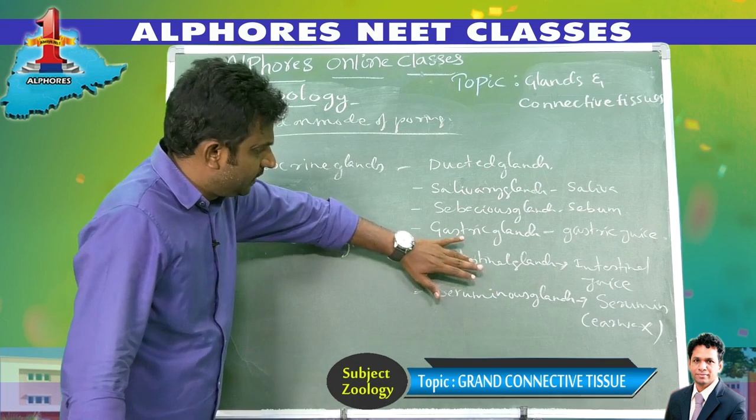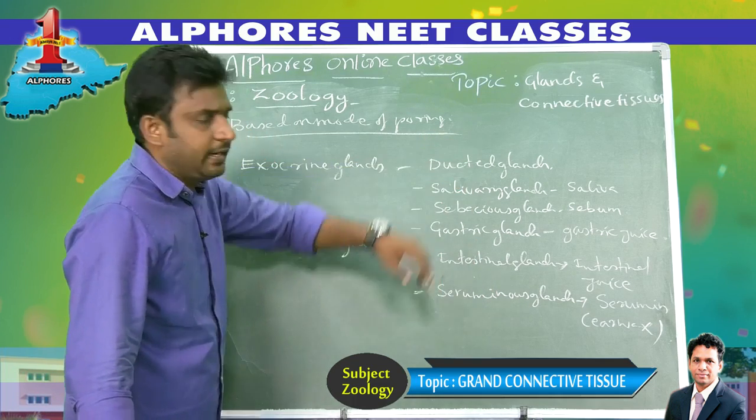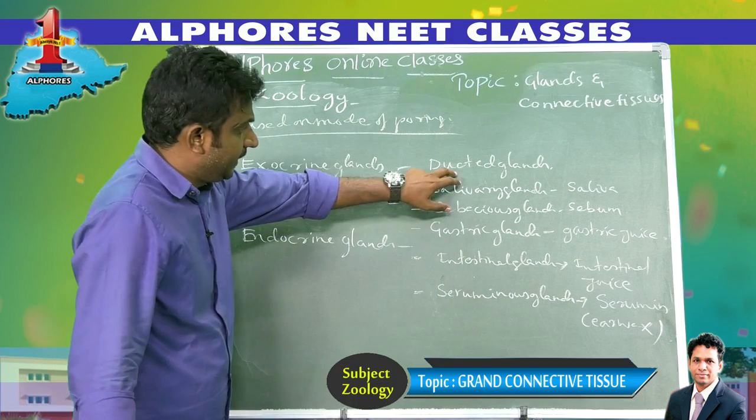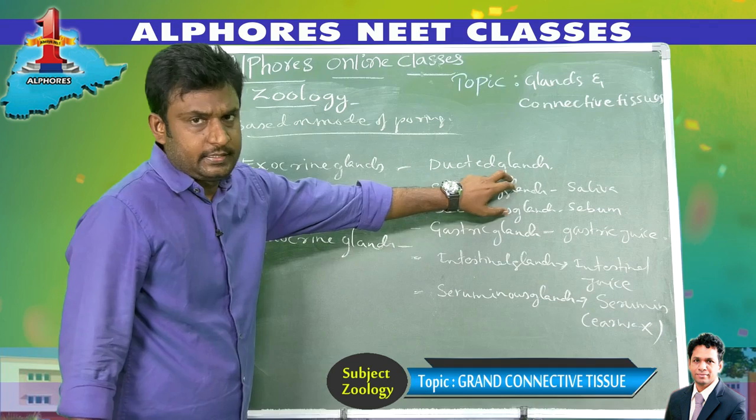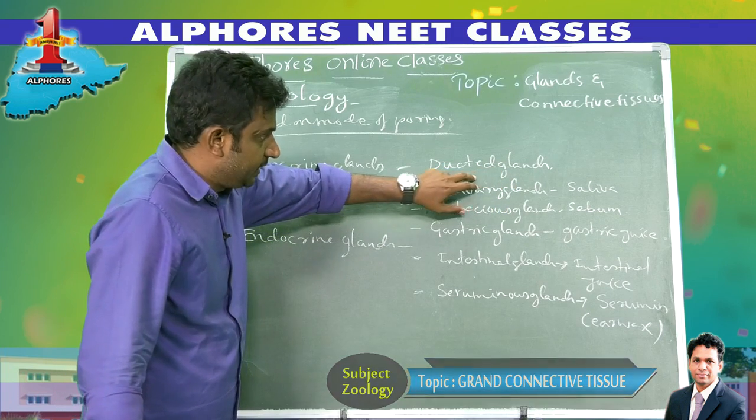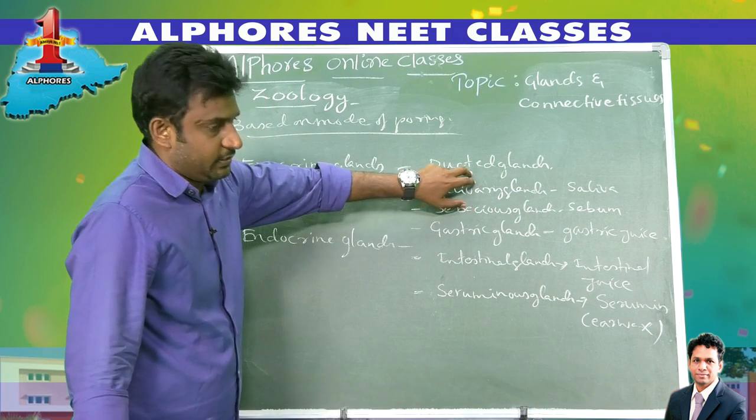Okay, so these are different types of exocrine glands. Exocrine glands are ducted glands. They consist of ducts and release their secretions through the ducts.